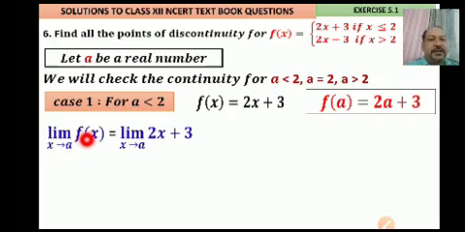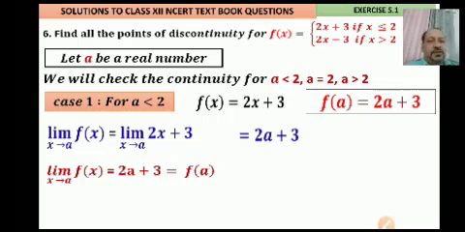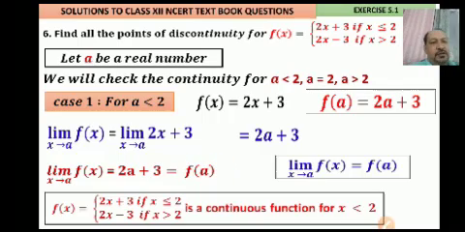Limit x goes to a, f of x equal to limit x goes to a, 2x plus 3, which is equal to 2a plus 3. So the limit of f of x, which is equal to 2a plus 3, is also equal to the functional value f of a. So this function is continuous for x less than 2.